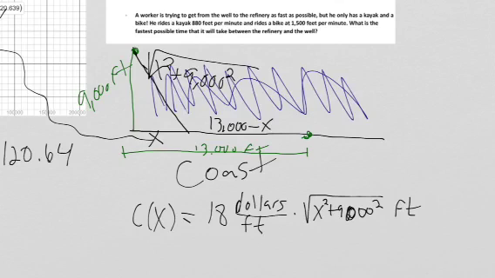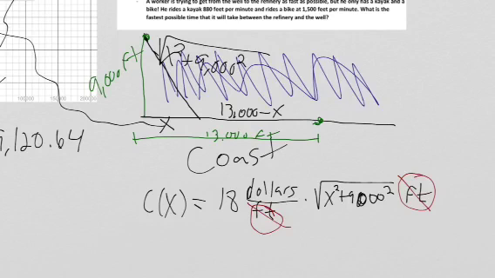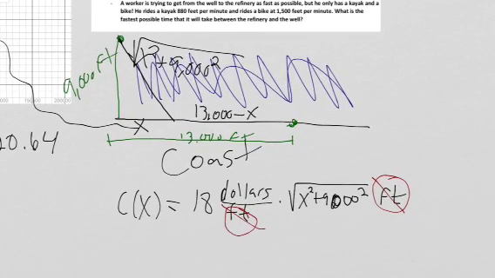So this portion represents feet in water. This represents dollars per foot. So these units are going to cancel, and we're just left with dollars, which is what we wanted. We wanted the minimum cost of the job, cost being units in dollars, okay? So doing the equation this way is going to lead to an overall ending of dollars.